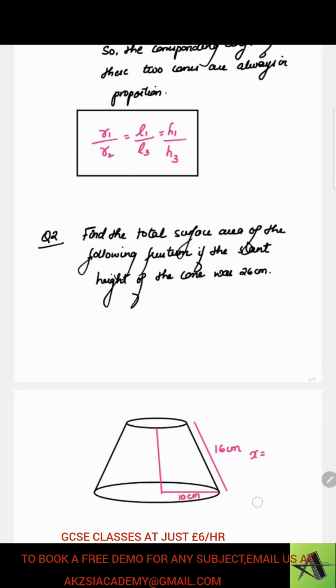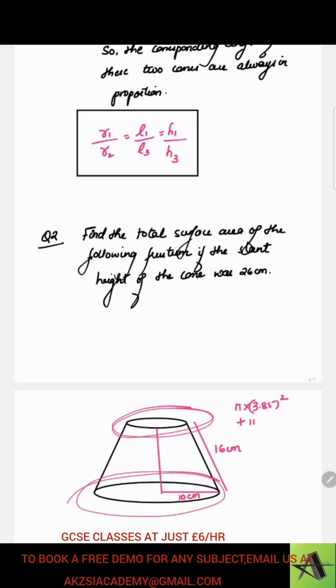That means I have to calculate the area of the upper part. Area of the upper part is pi r squared. So pi times 3.85 whole squared plus area of the bottom part, which is pi times 10 squared, plus this third curved part.